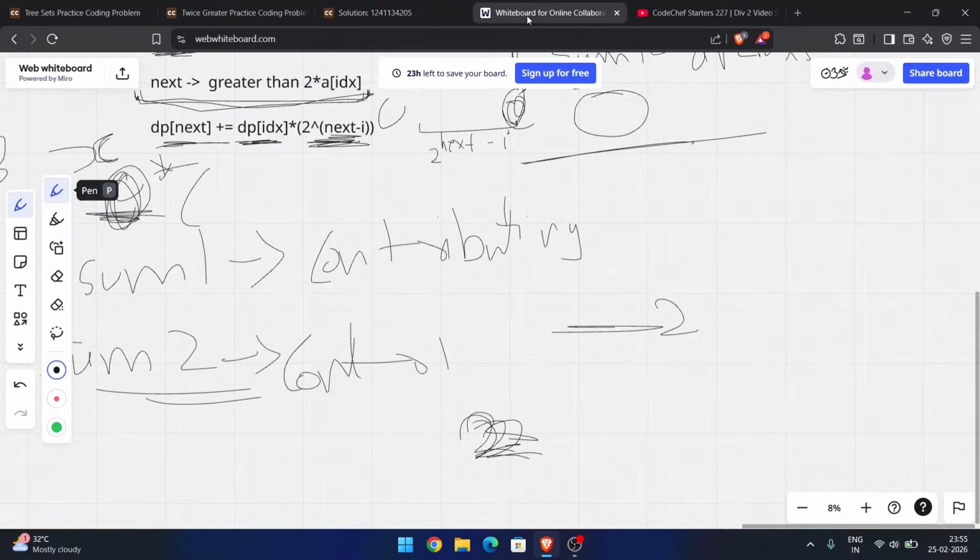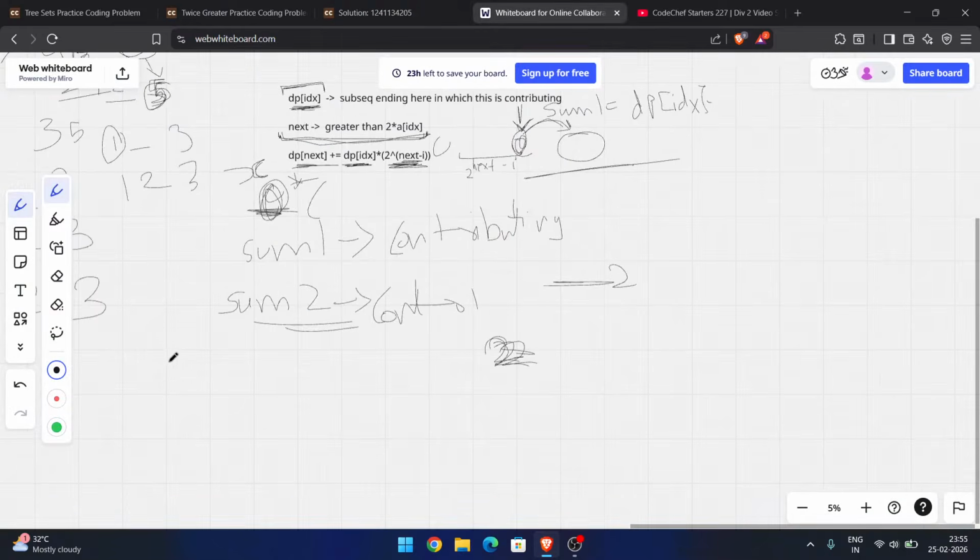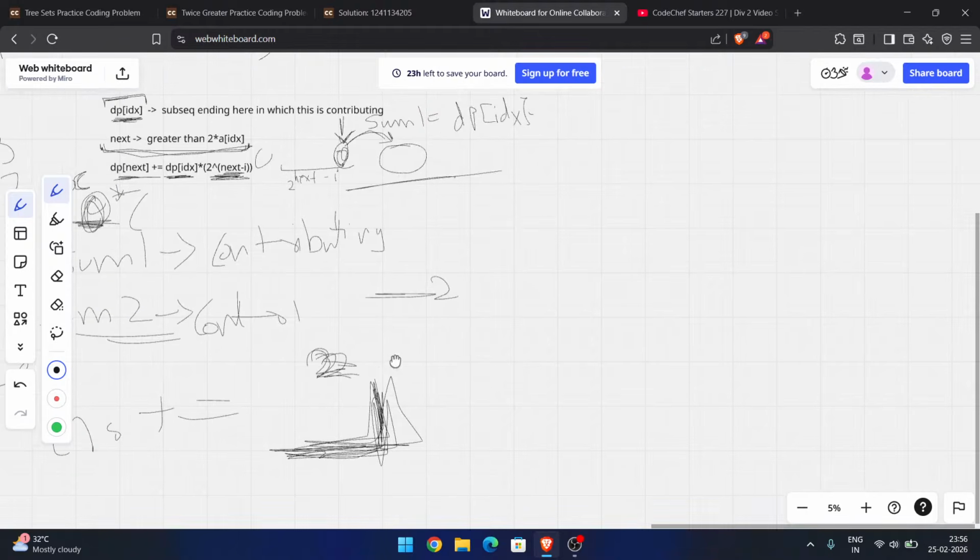Okay, so what is answer in my code? Answer basically is giving me every subsequence I have formed till now. I don't care what the other thing is. What I'm doing is finding every subsequence I have formed till now, every answer till now.